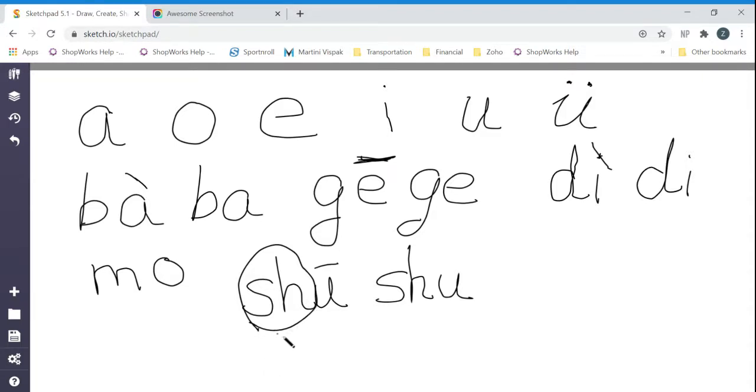So you have shu. Remember the first tone is like shu, shu, shu, shu. It means uncle. We're all in the family members now today. 叔叔.